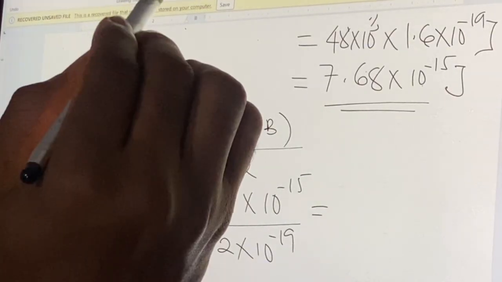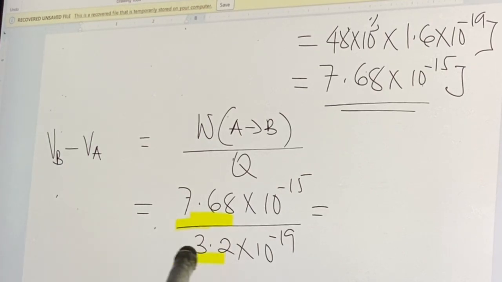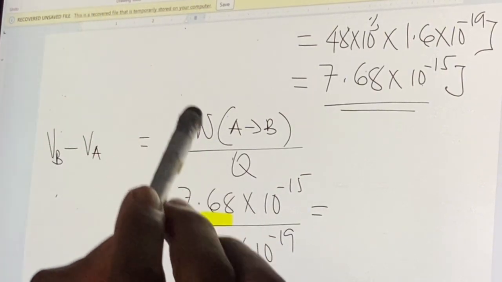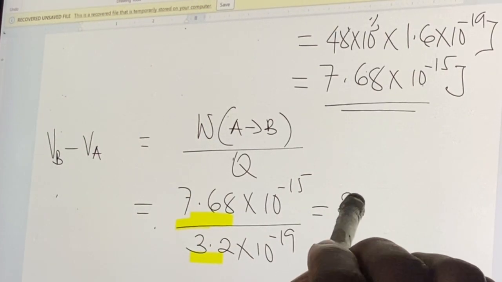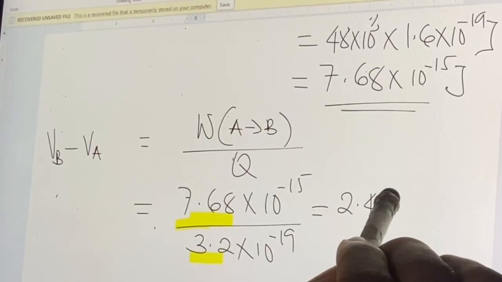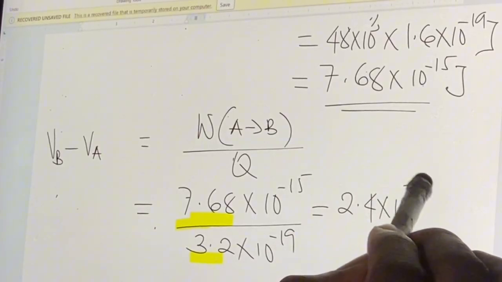Okay, let's evaluate this. Divide by this. I will have this to be, class, 2.4 times 10 raised to the power of minus 15.